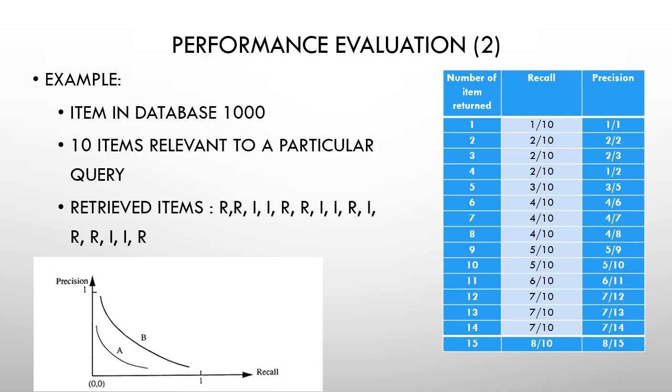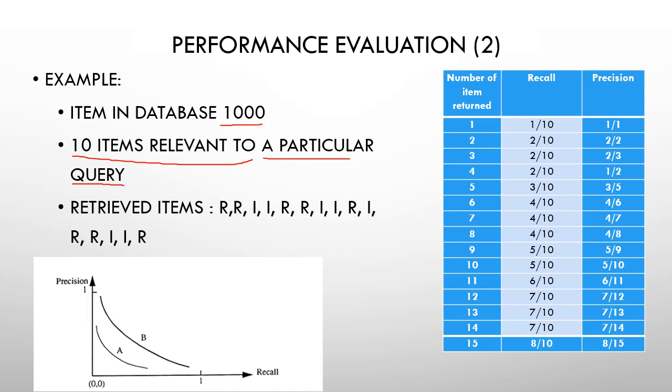In this example, we have 1000 items or 1000 documents in the database. And then we have 10 items relevant to a particular query. So there is a query and 10 documents which are relevant to that query. This one is known.